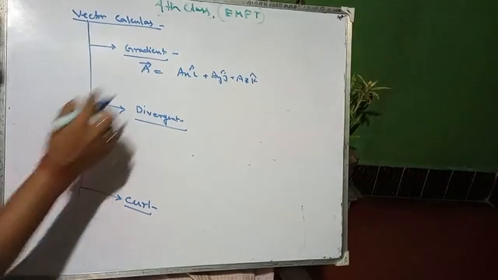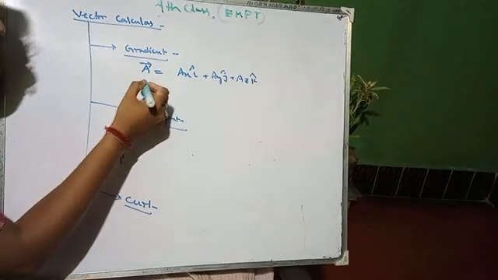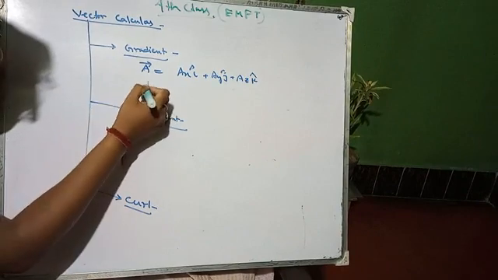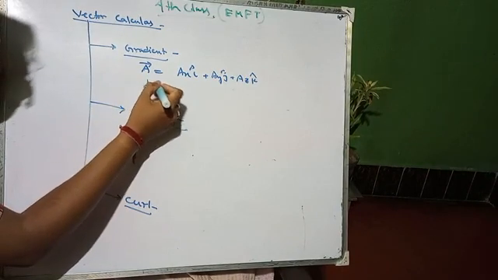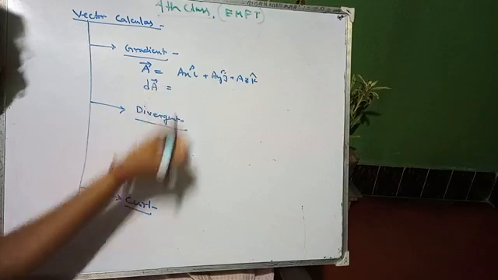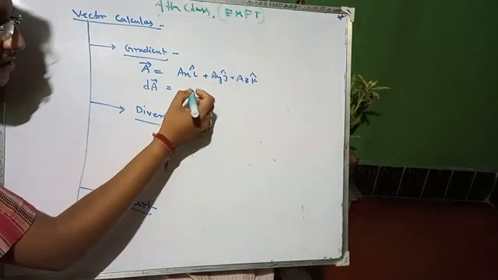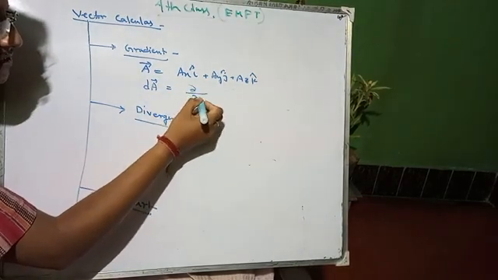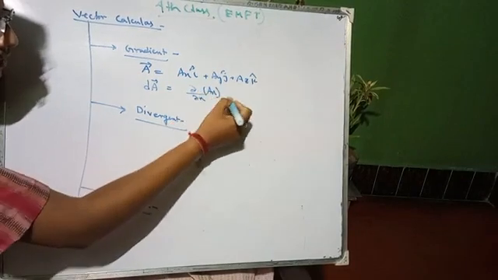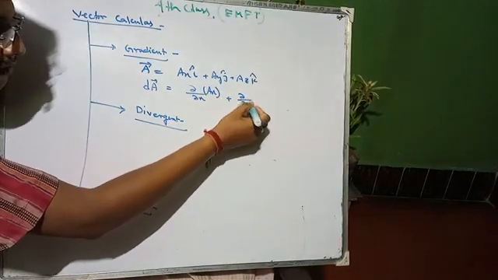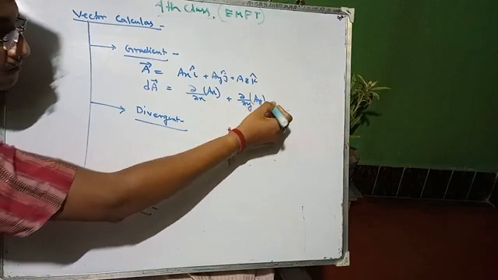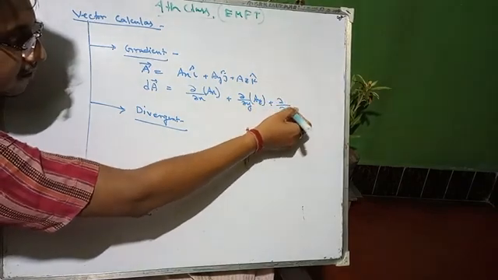So grad A will be del x of ax plus del y of ay plus del z of az.